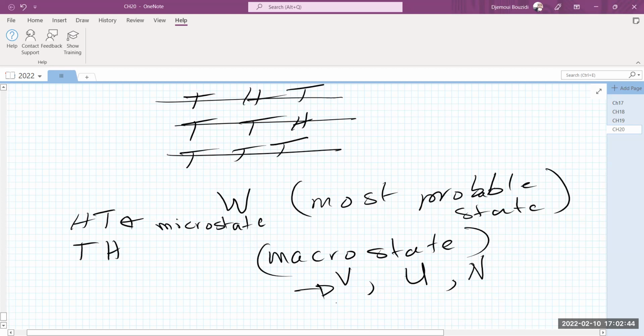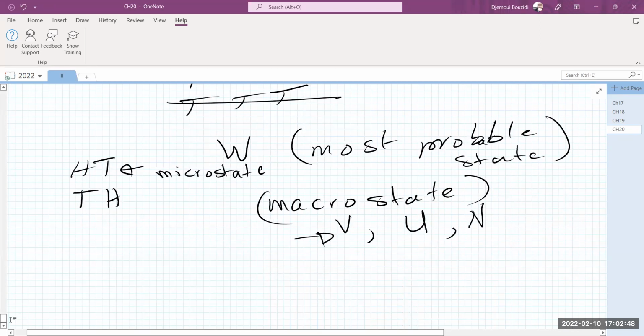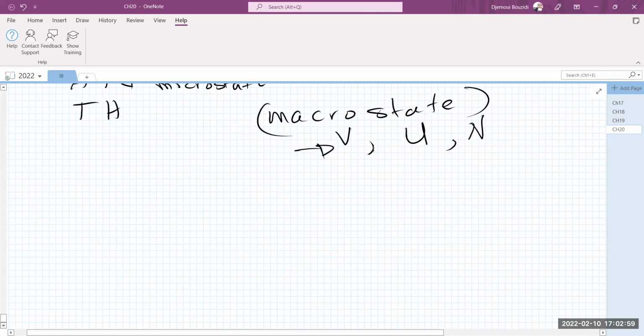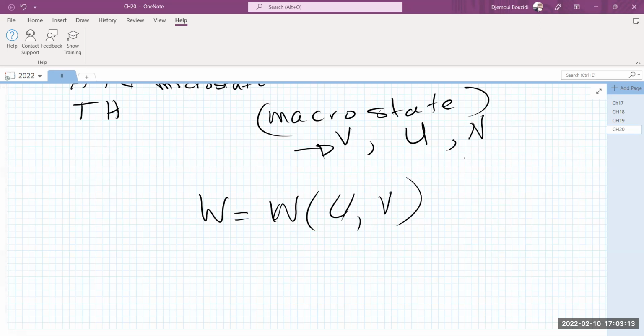So he said the following, that a system will always evolve or will be found in the state with the most probability, in this case, W. So here is his argument for the following scenario. W, first of all, is a function typically of U and V, and probably N, but in all my practical cases, I am assuming N is fixed.